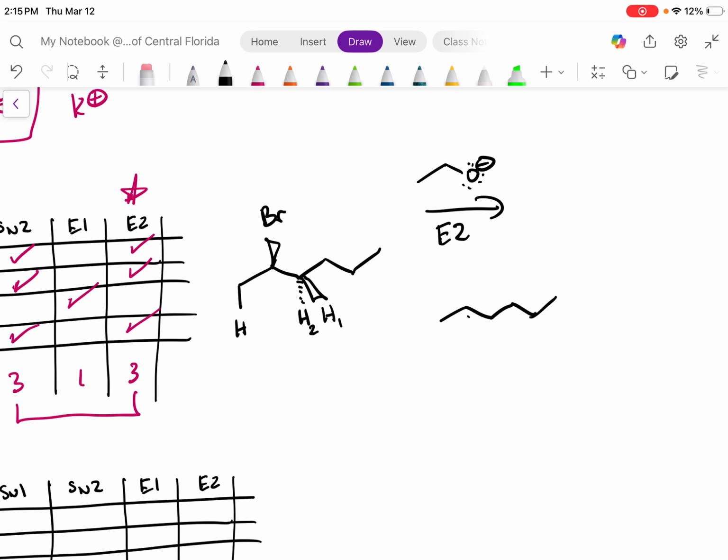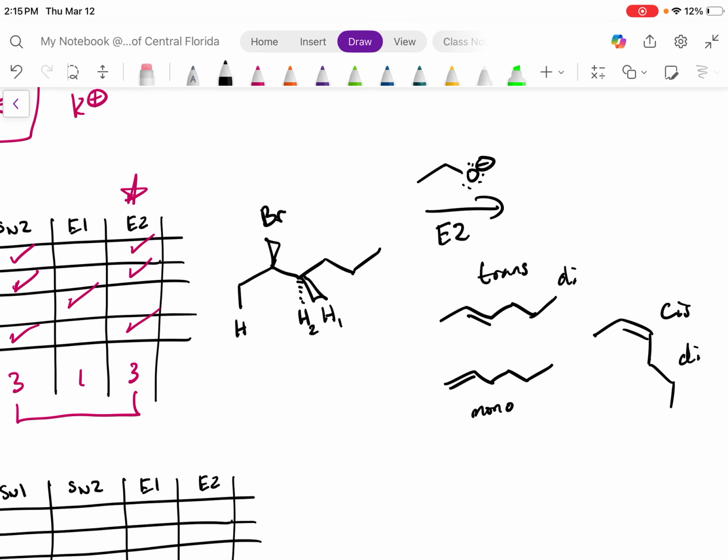You could get this product right here. You could get this product here. I said 2, but there's actually potential of 3. And then we could get this product here, right? So we have the trans product, we have the cis product, and then we have this mono-substituted product. And the other 2 are di-substituted.